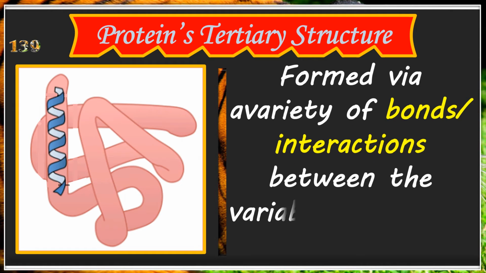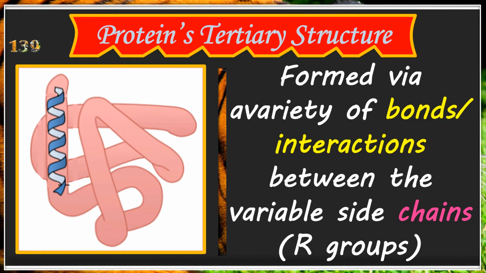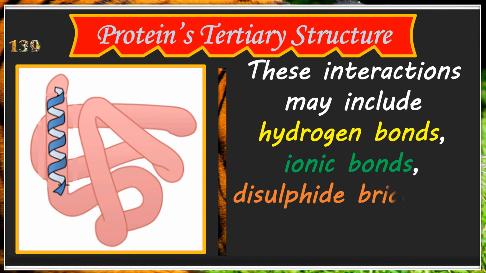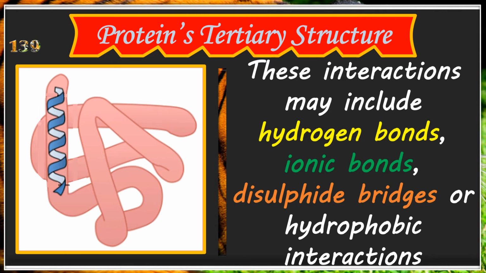It is formed via a variety of bonds or interactions between the variable side chains, or what we call the R groups. These interactions may include hydrogen bonds, ionic bonds, disulfide bridges, or hydrophobic interactions.